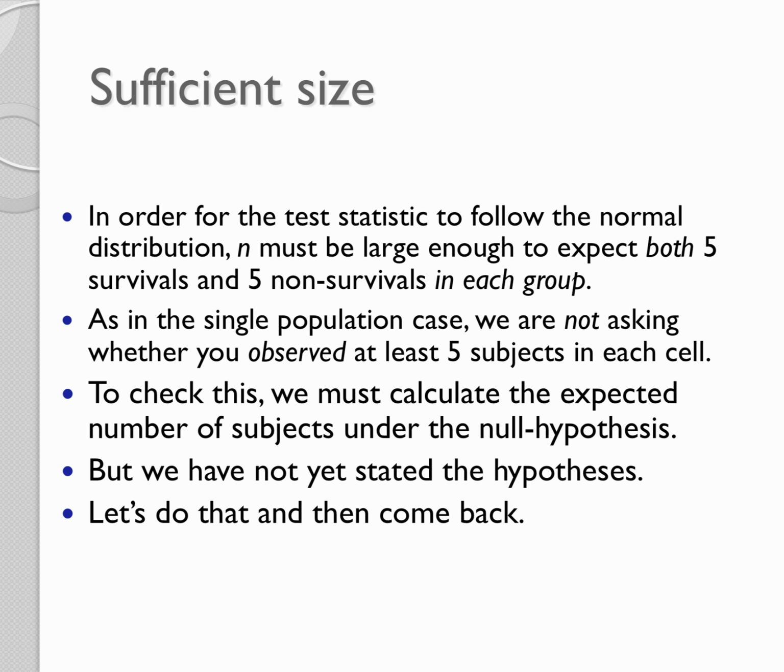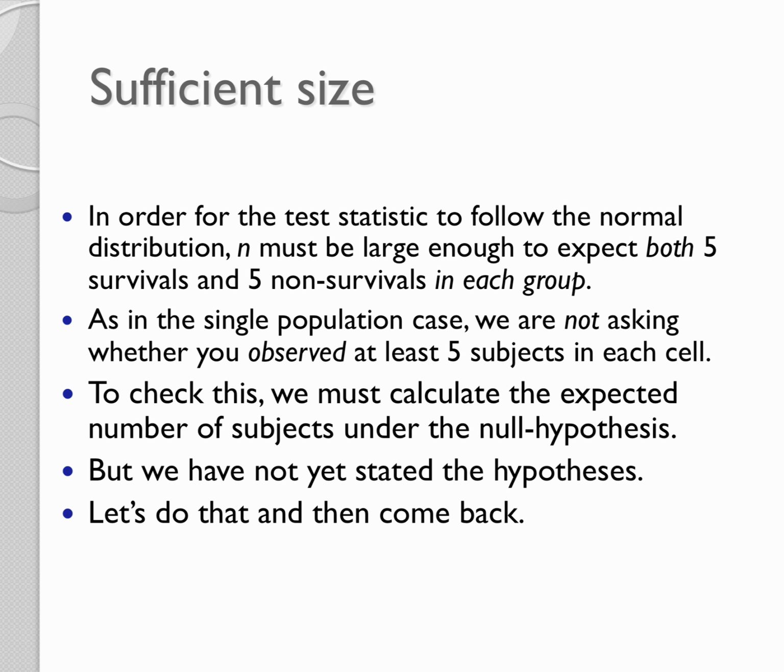We also need to assess sufficient size. Remember, in the single population case, we actually looked at expected for 5 responders and non-responders, or 5 survivors and non-survivors. We'll do the same in the 2x2 situation. We need to calculate the expected, not the observed, the expected number of subjects under the null hypothesis of equal proportions.